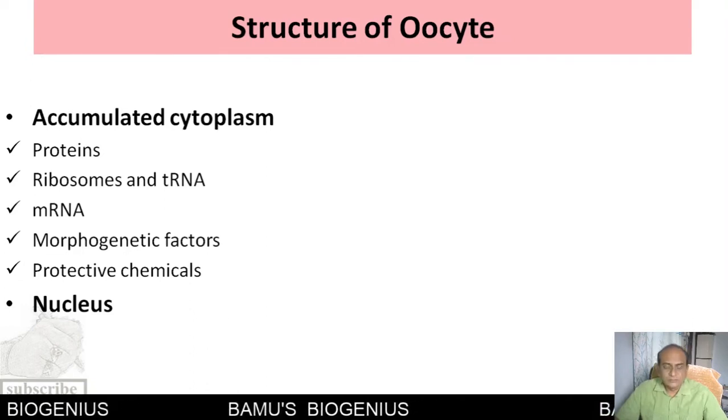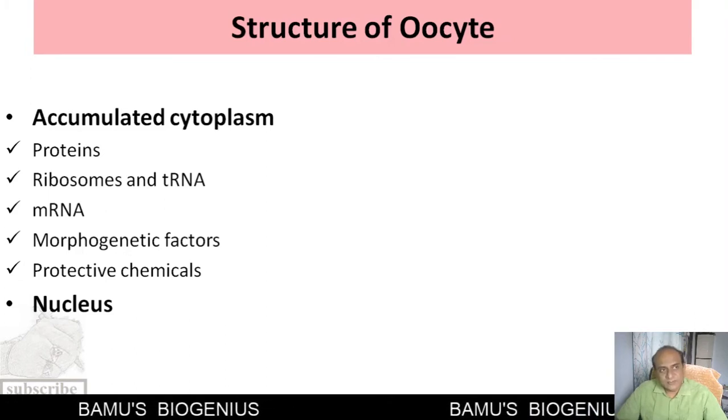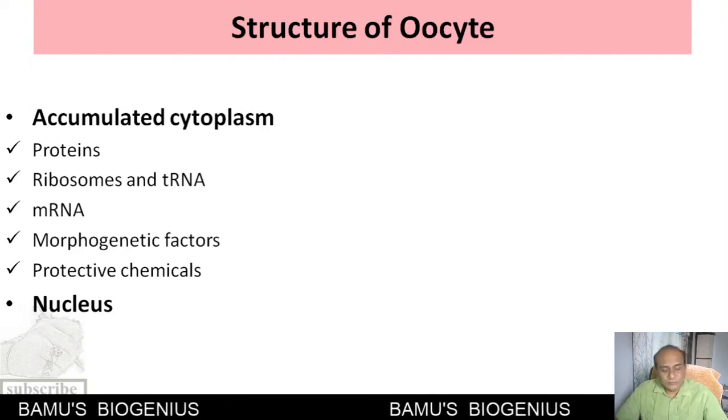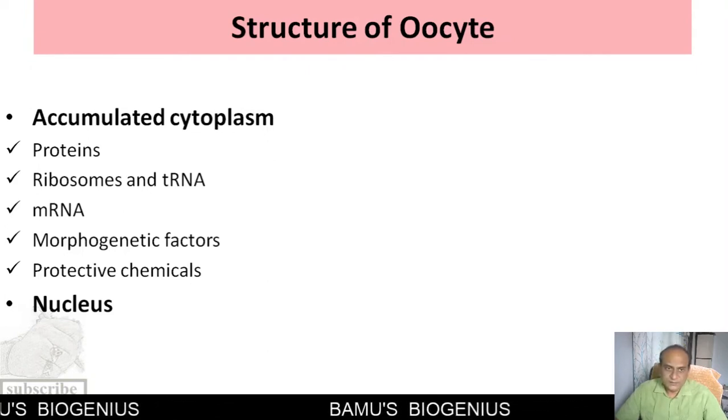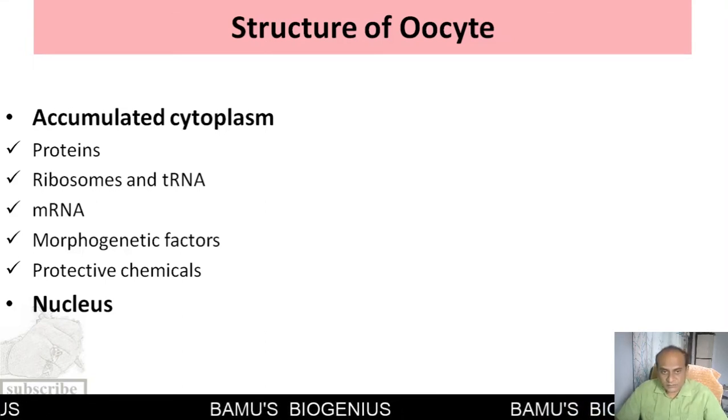For that particular period it requires energy, and this energy is provided by these nutritive proteins. Along with that, certain amino acids also become available due to the nutritive proteins present in the cytoplasm. Then another very important material in the cytoplasm is ribosomes, and even transfer RNA.